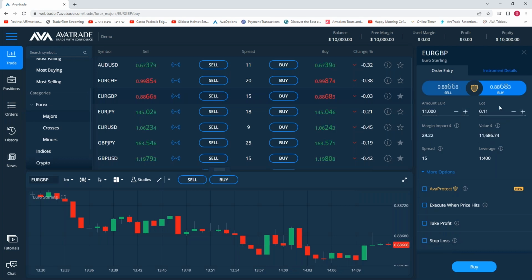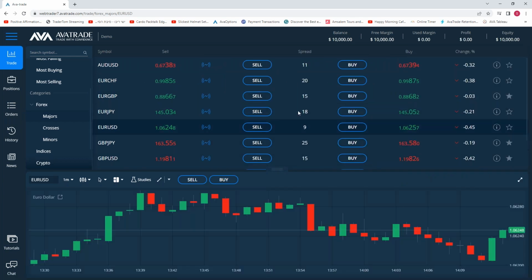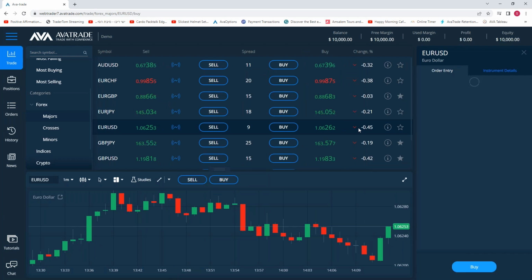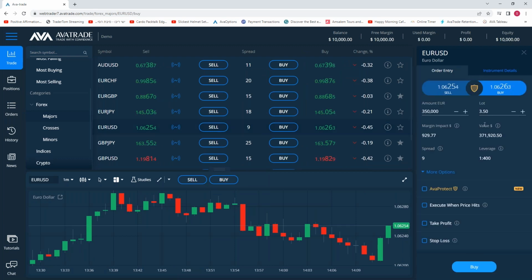Let's say you open, let's take euro dollar, for instance, for easier calculation. So if you were to buy a euro dollar over here, immediately you'll be down on the one lot.